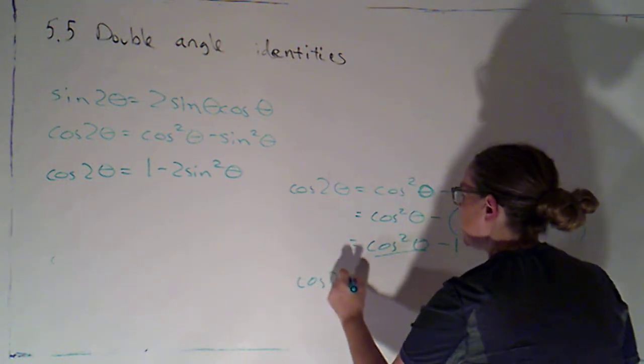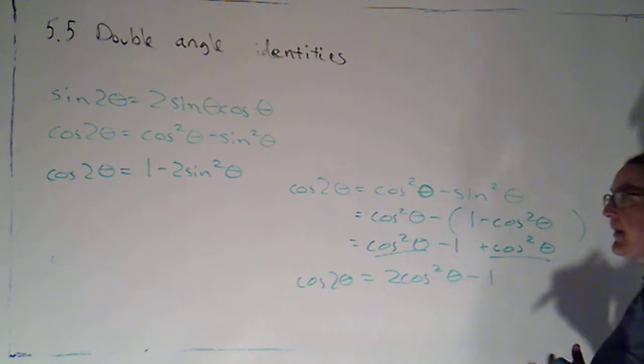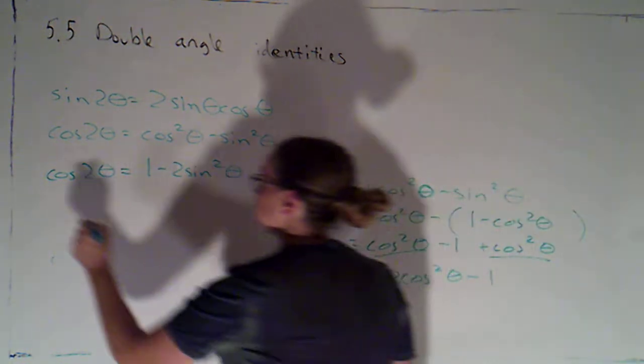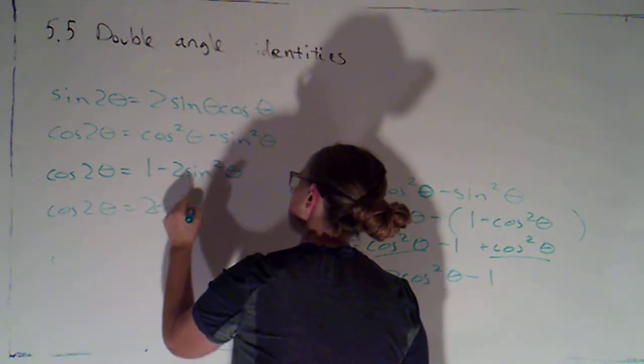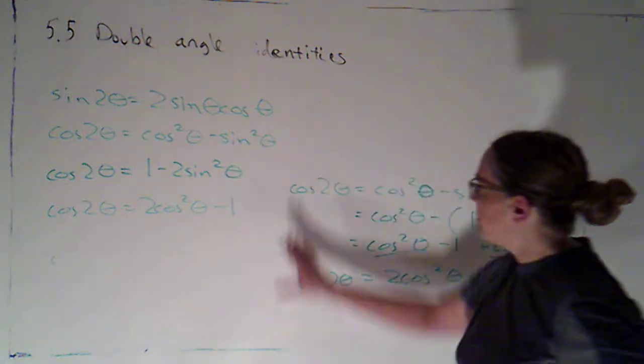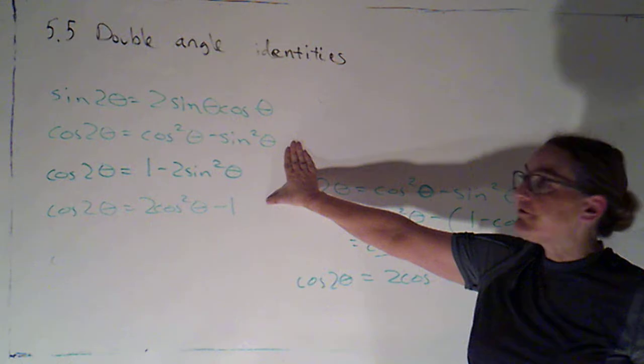So I get cosine 2 theta is 2 cosine squared theta minus 1. So 3 different versions here for the double angle formula that we have for cosine.